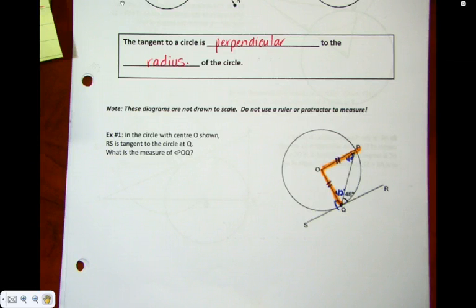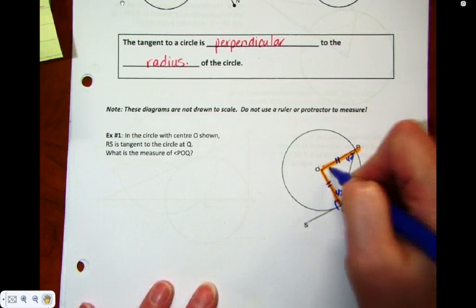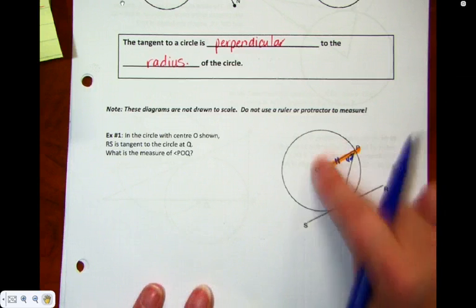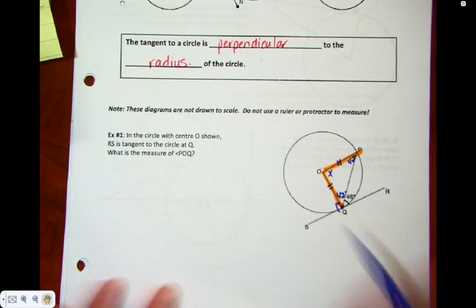What is the question asking for? What is P to O to Q? So this guy on the top of this triangle. How do we find him? Yeah, what do we know about the three angles in any triangle?